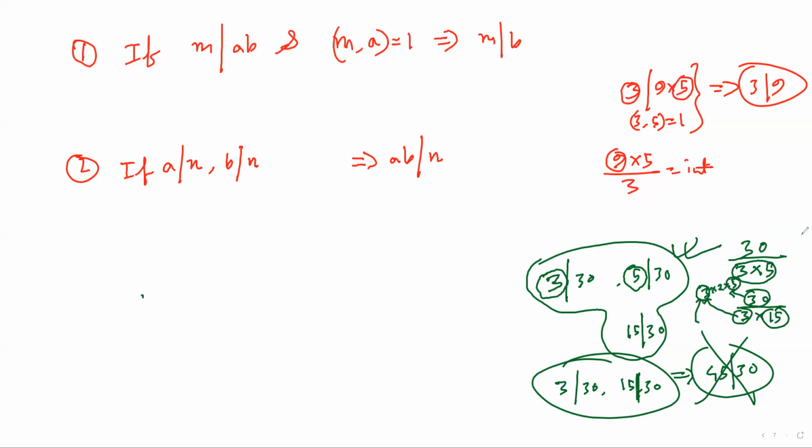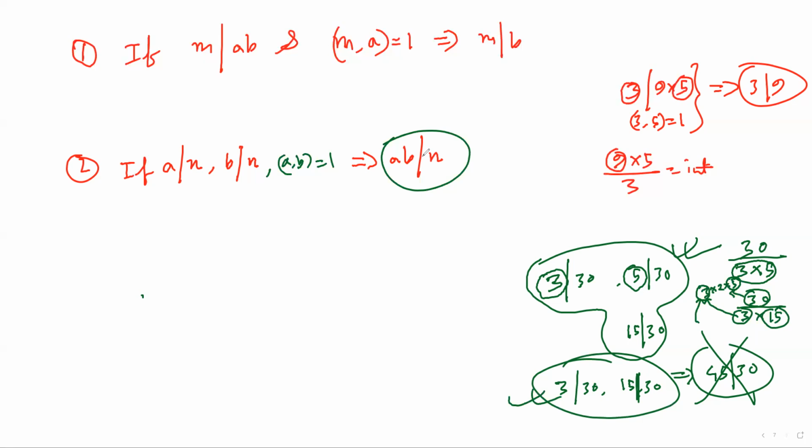So the 3 is used in both cases. Two different numbers cannot divide the same factor of the numerator, right? This is the reason why the case here was not true. So we have to add another condition that A and B have to be co-prime. And if that's true, then we can safely conclude that AB divides N.